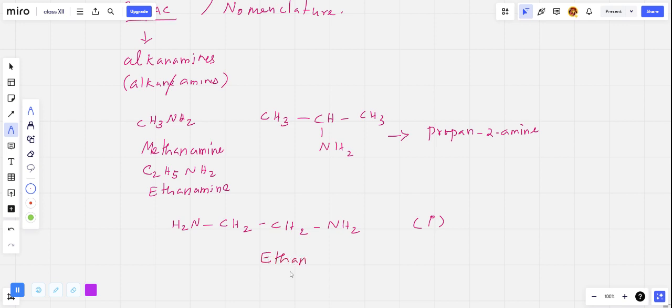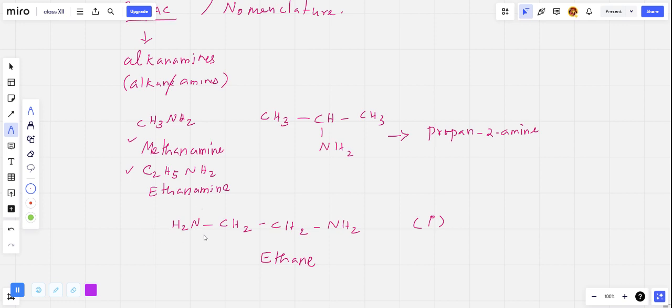If more than one amino group is present at different positions, the letter E of the hydrocarbon part is retained. Understood? In the earlier example, we are not writing E because there is only one amino group.